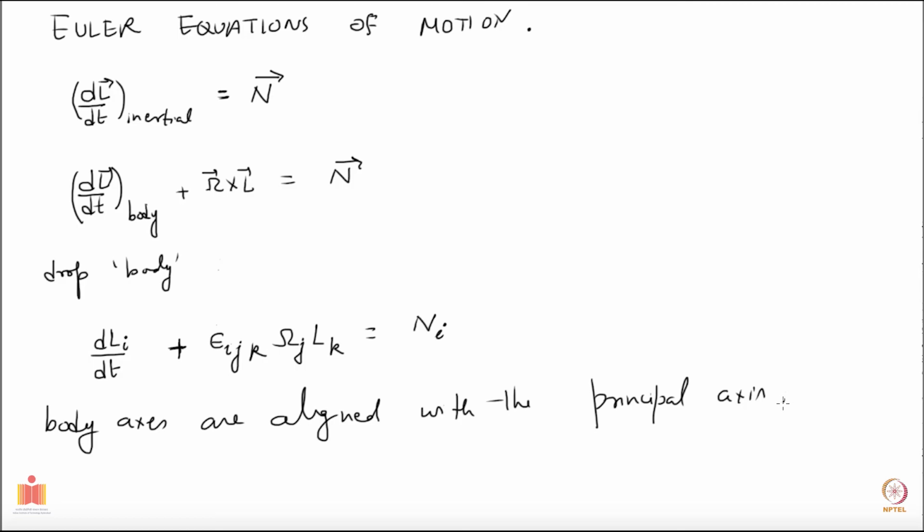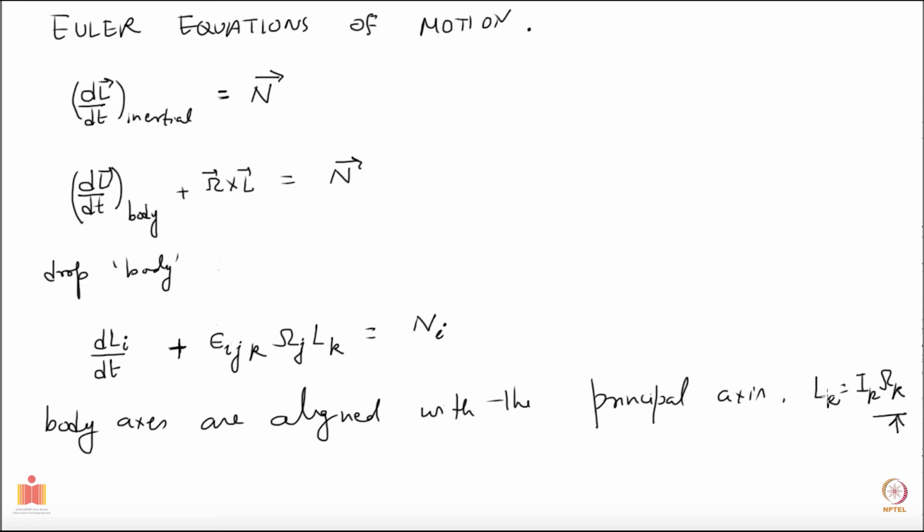If that is the case, then your L is just I times omega, where I are the principal moments. Otherwise you have the full relation L_k would be I_kl omega_l, where you'll be dealing with the full tensor. But if you choose the principal axes, then L becomes simpler. So you have L_k is I_k omega_k, and remember there is no summation over k here.